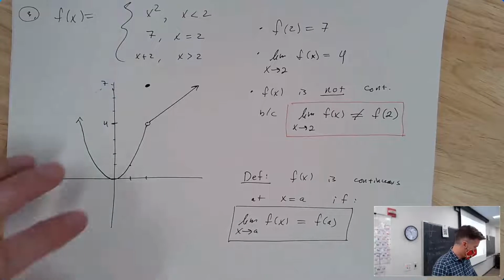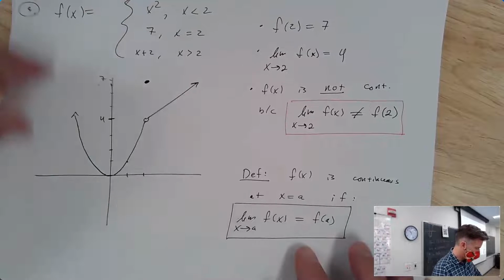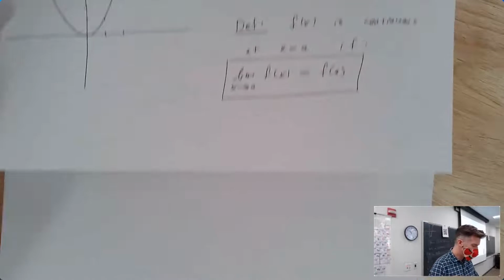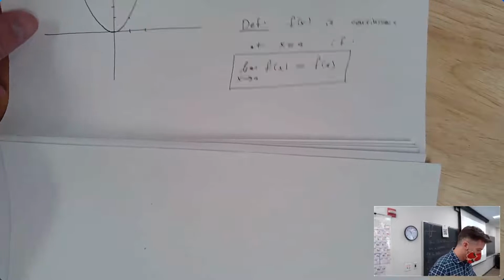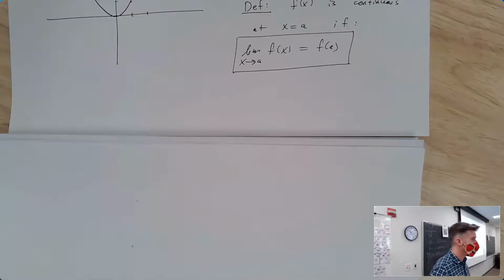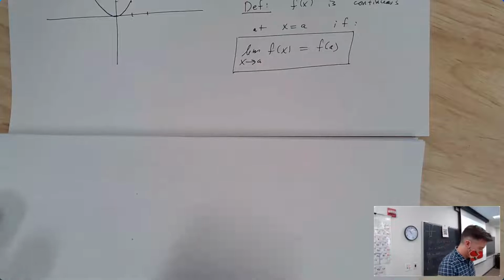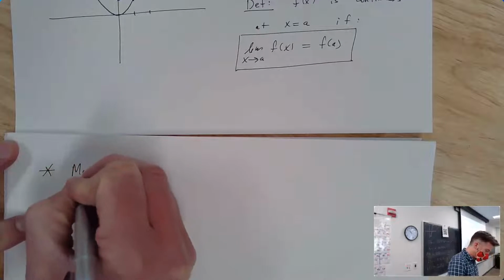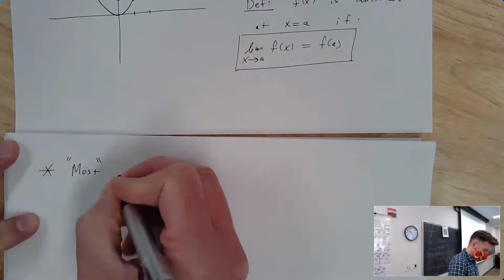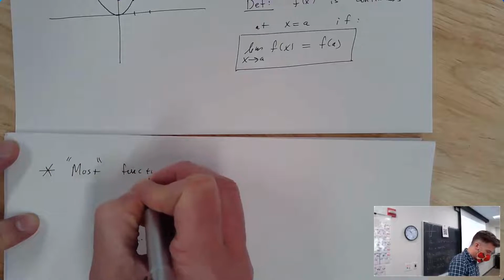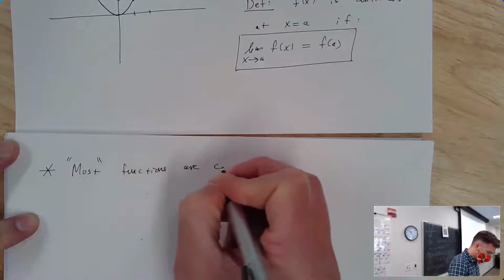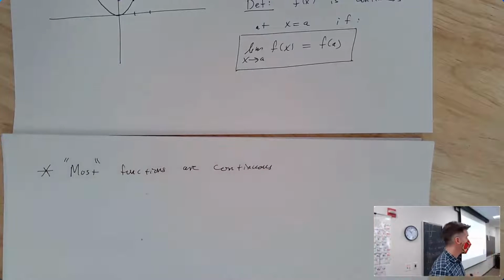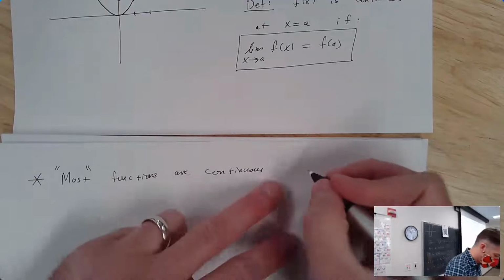So, a couple things to be aware of as far as continuity is concerned. Most functions we deal with are continuous on their domains. So I'm going to write a very broad statement. Most functions are continuous where they're defined on their domains.